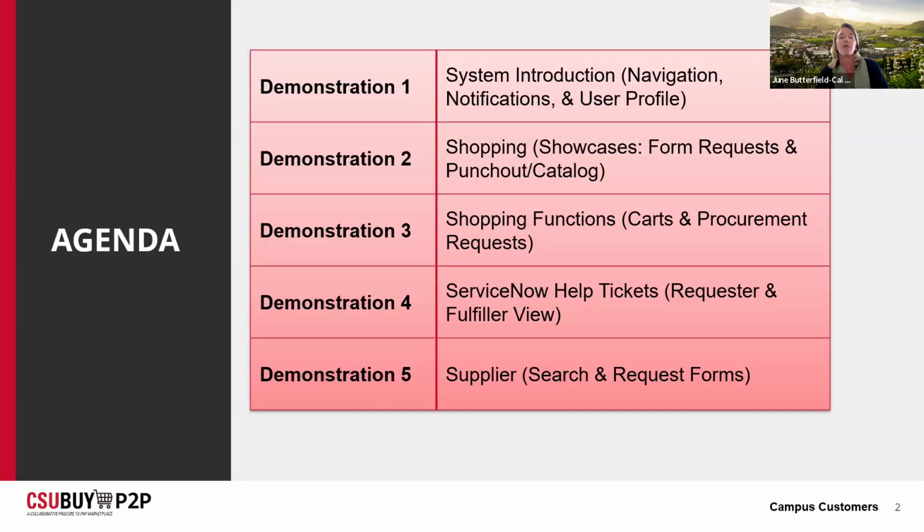And then lastly, we're going to go over the supplier search functionalities and all the different supplier forms, whether you're going to request, re-invite, or extend a supplier to your campus. So now I'm going to go ahead and head into our live CSUBUY P2P production environment.